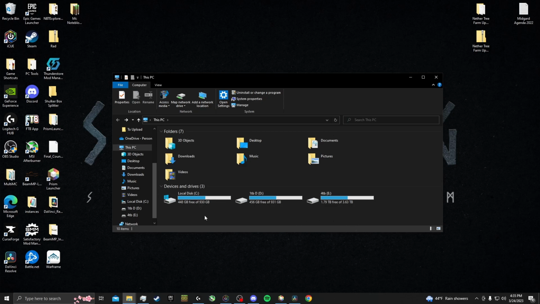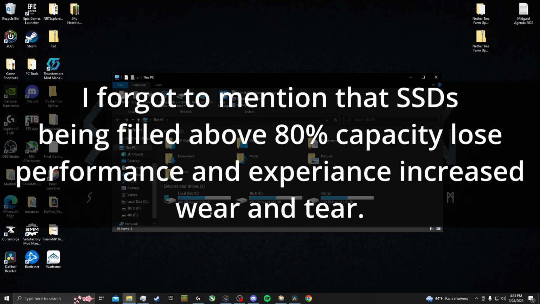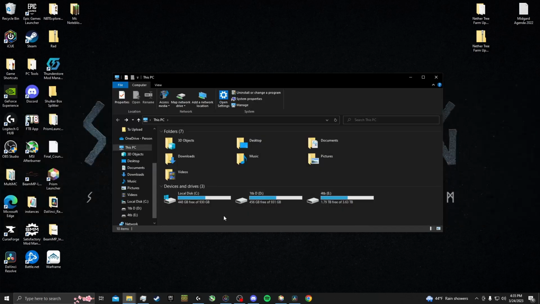this isn't really well known, but SSDs, or solid state drives, have a little quirk where write cycles to an SSD degrade them over time. Reads, from my understanding, don't, but writes do.